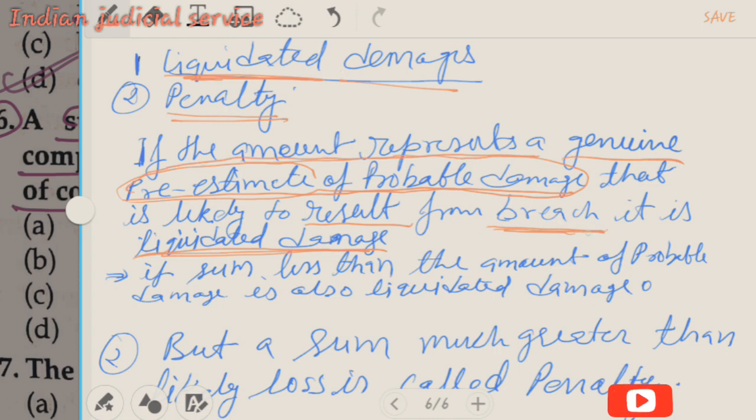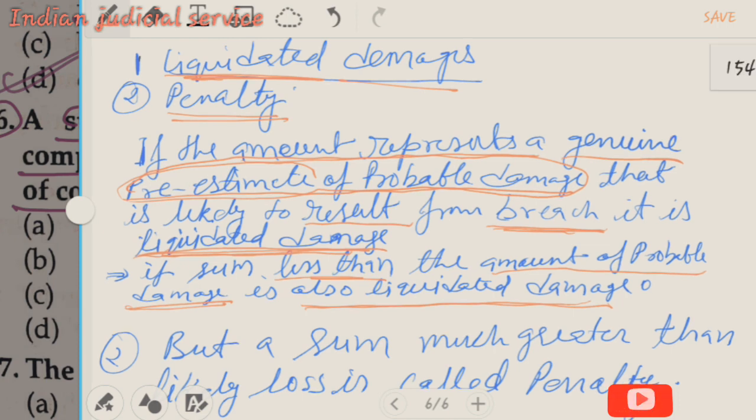So if there is a breach of contract, at that time it is liquidated damage, which is already pre-estimated for probable damage. And if the sum is less than the amount of payable damage, it is also liquidated damage.